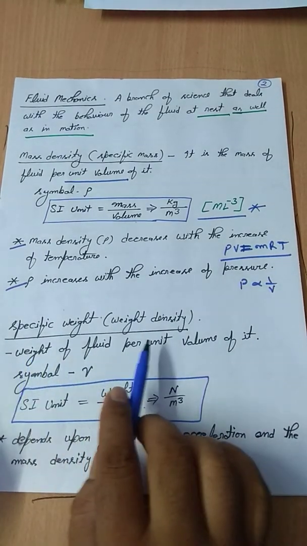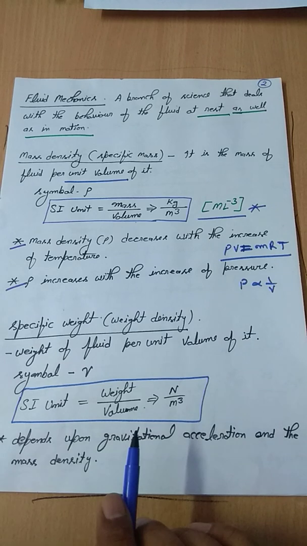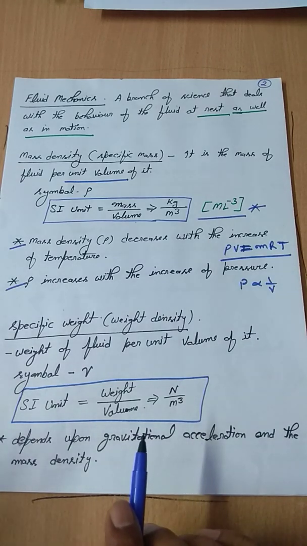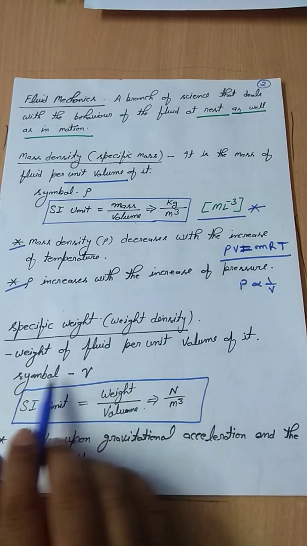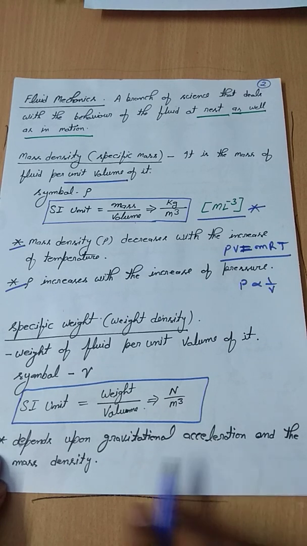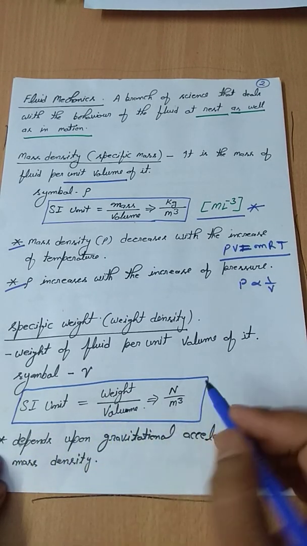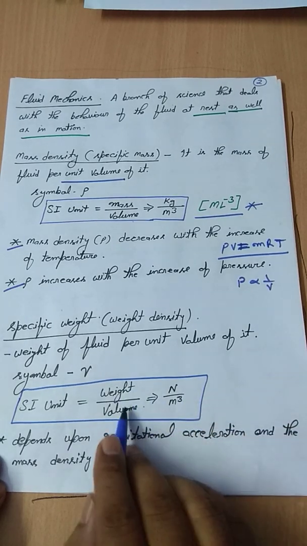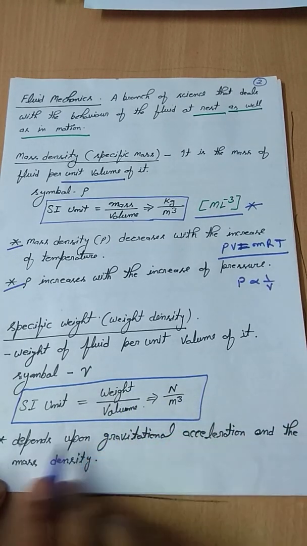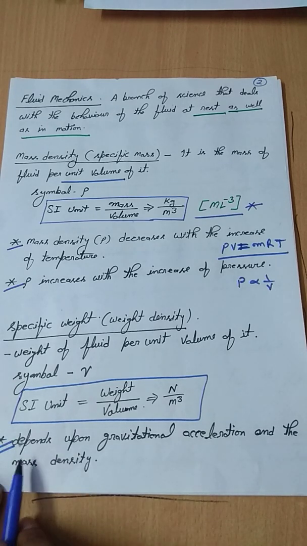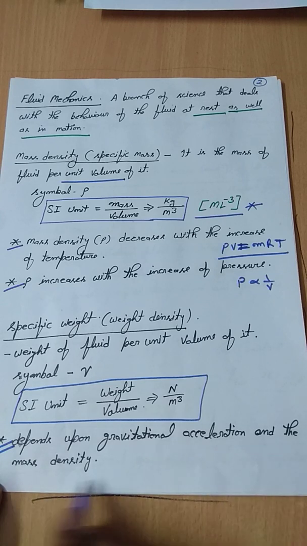Okay, now specific weight. The weight of the fluid per unit volume is given by the symbol gamma. In SI it is nothing but weight upon volume, so the unit of weight is Newton and of volume is meter cube. This is again an important point: it depends upon the gravitational acceleration and the mass density.